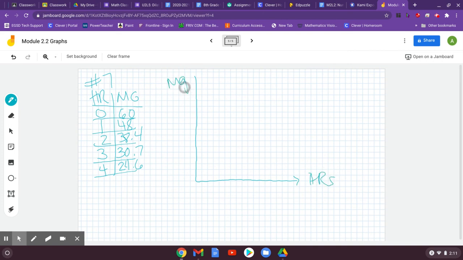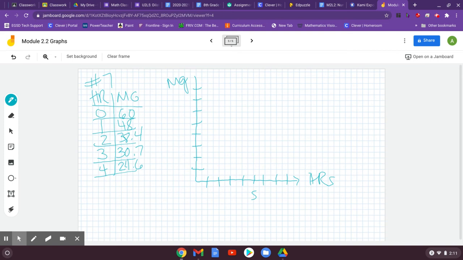This one is milligrams. 1, 2, 3, 4, 5, 6, 7, 8. I'm going to do every other here. Let's decide what I want to count by. So if I have to get up to 60 and going down, let's do 1, 2, 3, 4, 5, 6, 7, 8.